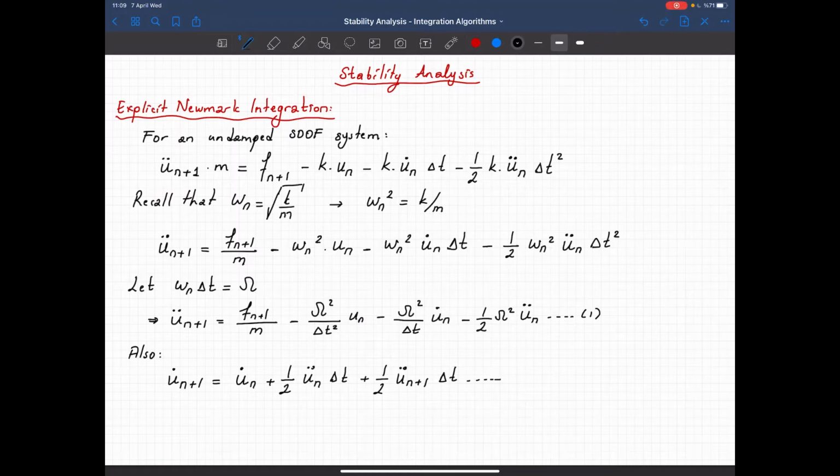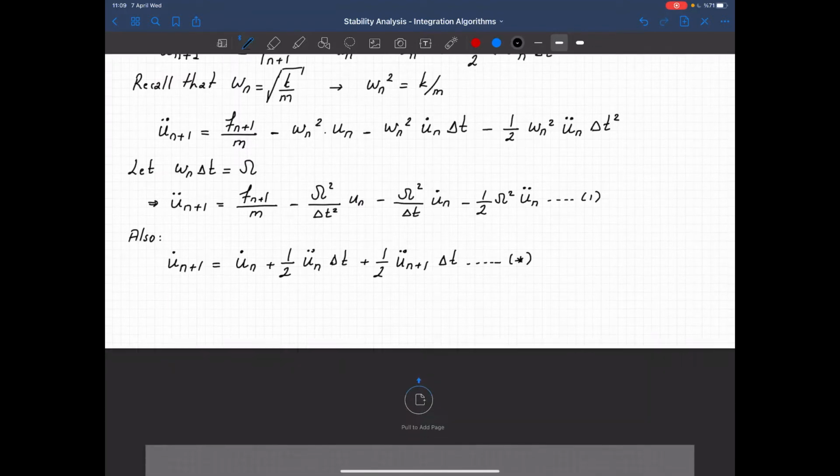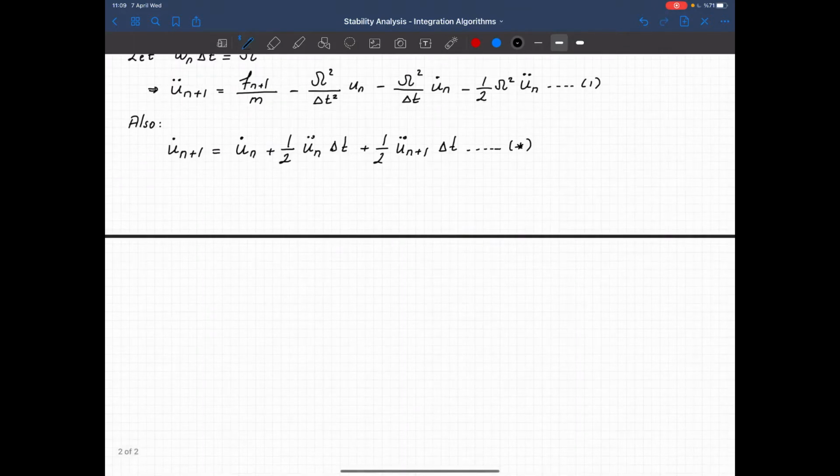Let's call this one equation star. Now I will insert equation 1 into equation star. I'll get the following.